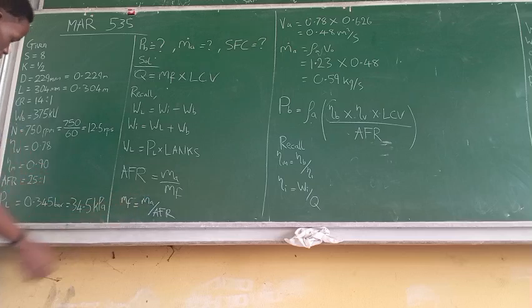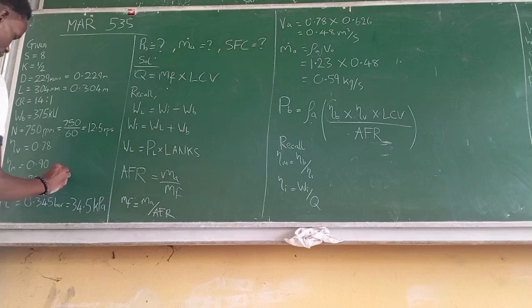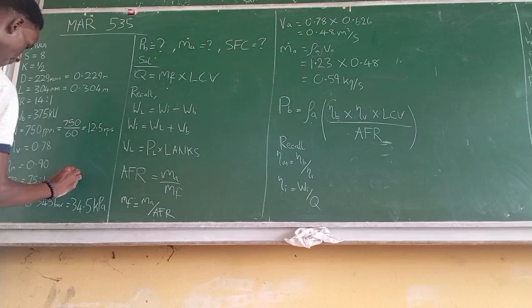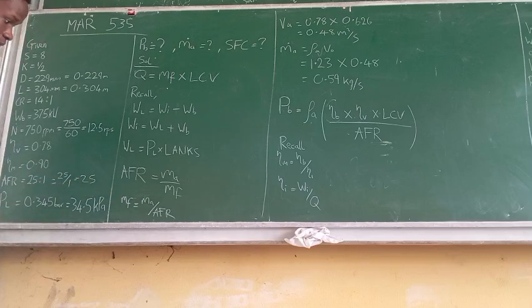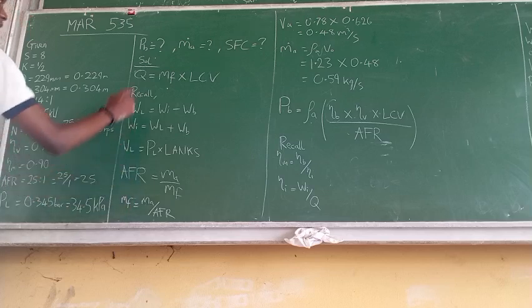Using this, we have our MA already, and we have our F4 ratio here. You know that 25 is the same thing as 25 over 1, which is 25. So the F4 ratio is 25. We have our MA, we have our F4 ratio, we find our MF.